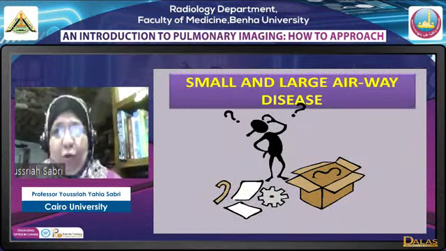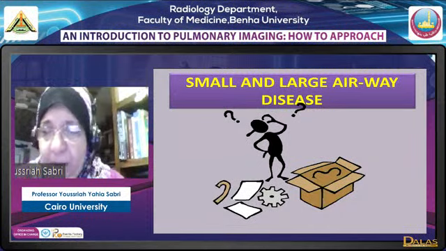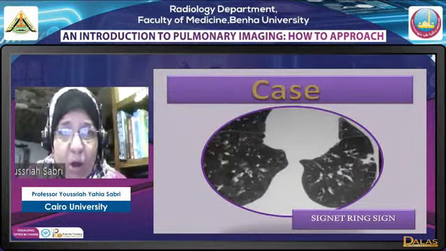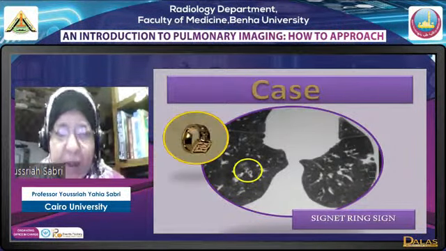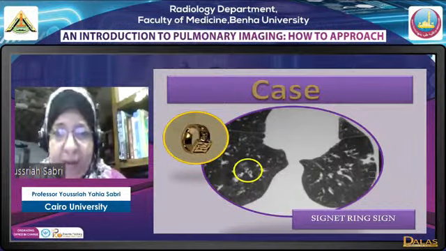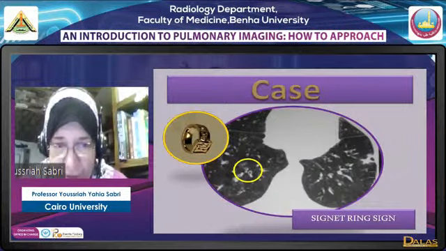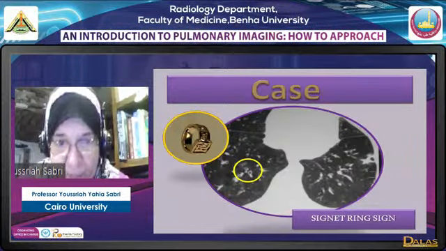Now going to small and large airway disease. Here we have the signet ring sign. What is this? Now we have the bronchus and the artery side by side, and they are nearly the same size. When the bronchus is larger than the adjacent artery, this is the signet ring sign, and this equals an early sign of bronchiectasis.